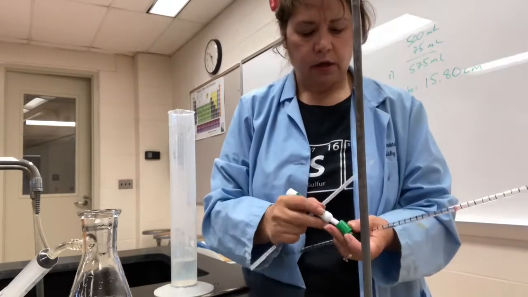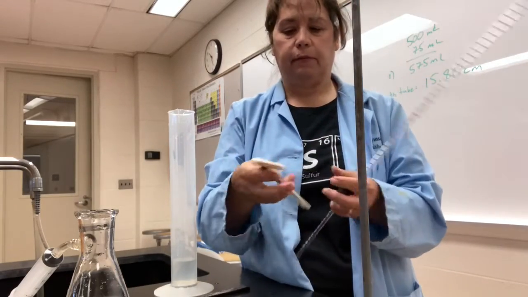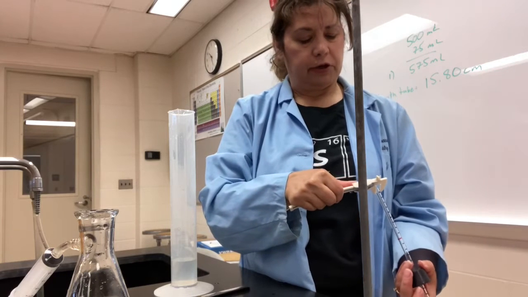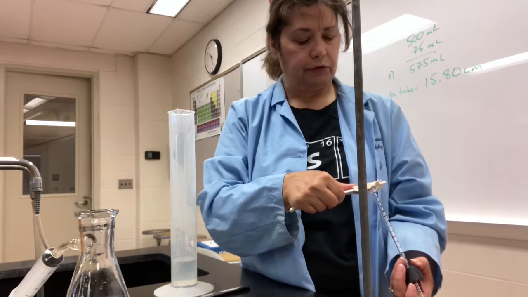For the diameter, we use this fancy micrometer gauge to measure the diameter. And I'm just going to go ahead and measure that for you without explaining how this works, because it's a little complicated to do over video.